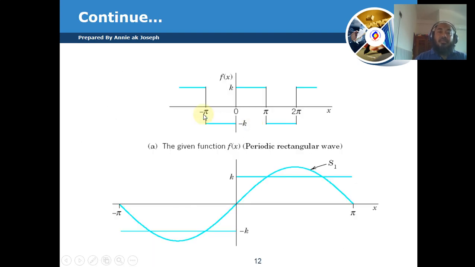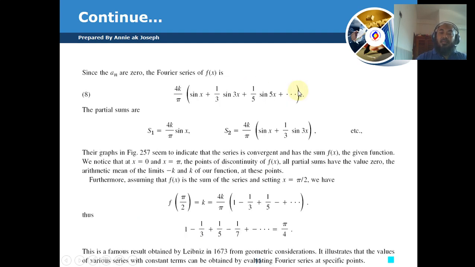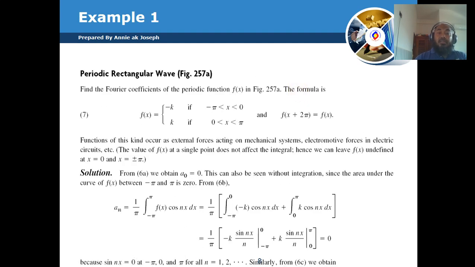From minus pi to 0 this is minus k, and from 0 to pi this is k. This kind of function occurs as an external force acting on a mechanical system, electromotive force in an electric circuit, etc.